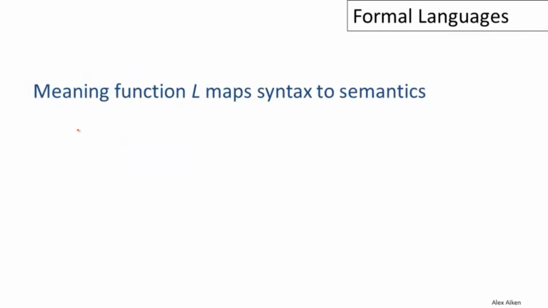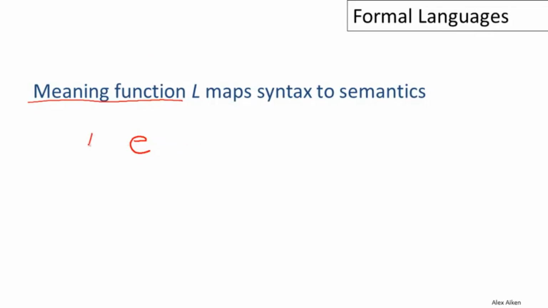Another important concept for many formal languages is a meaning function. Typically, we have one of the strings in our language, and let's call that some expression E. And the expression E by itself is just a piece of syntax. It's a program in some sense, or it represents something else, which is the thing we're actually interested in.